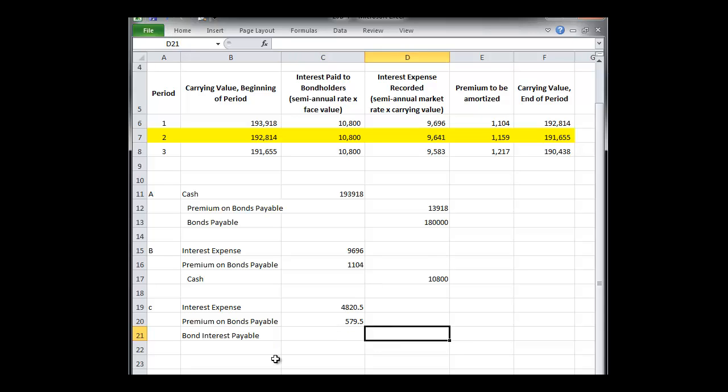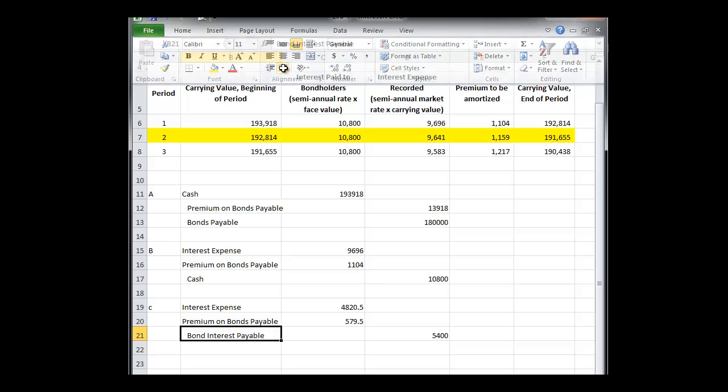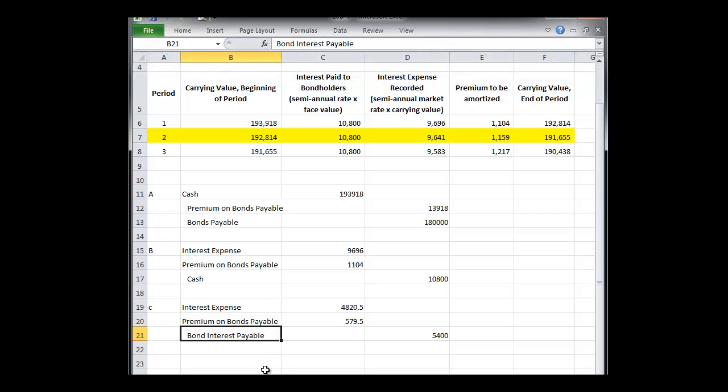So how much have I incurred, and it's a liability? Well, that would be half of the amount that will be owed to the bondholders. So it's going to be the 10,800 divided by 2. And I'll make that into a credit there, indent it a little bit.